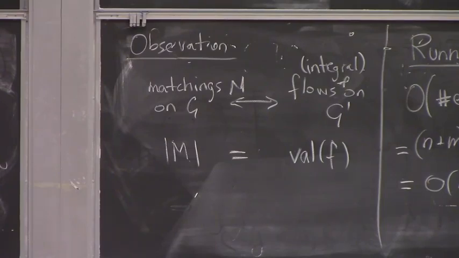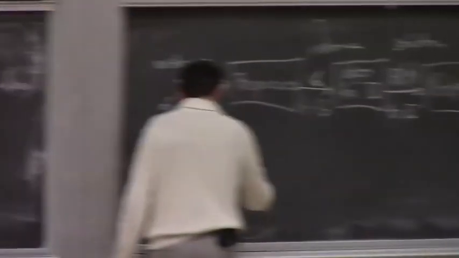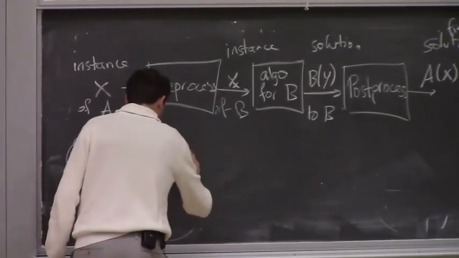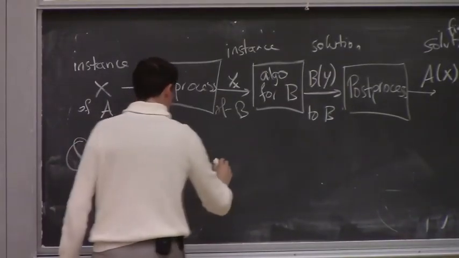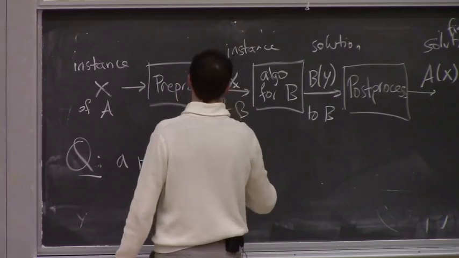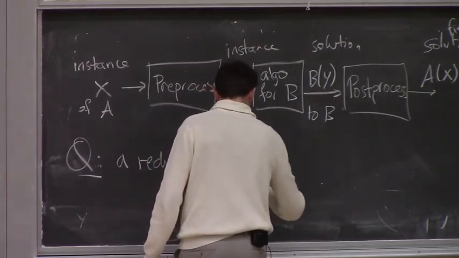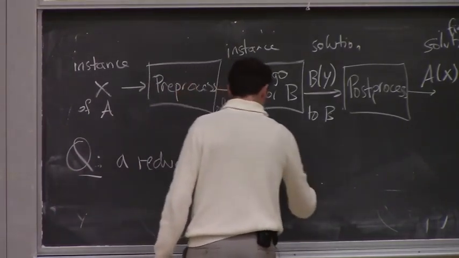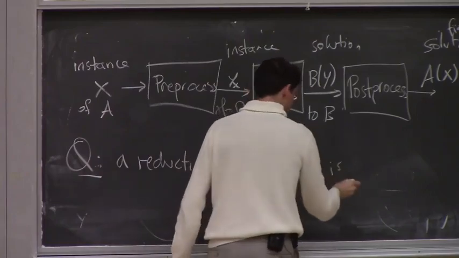Now here's a question, okay? What is a reduction syntactically? I've put down several boxes, okay? I claim that a reduction is not all of these boxes, only some of them. A reduction from A to B is blank.